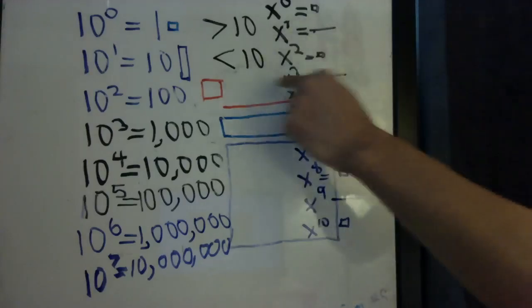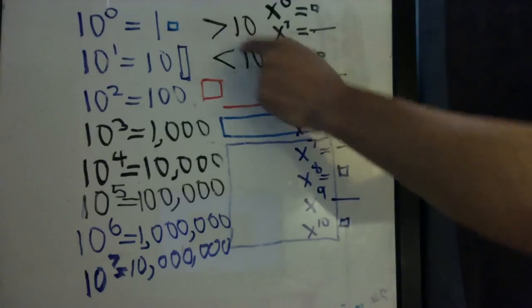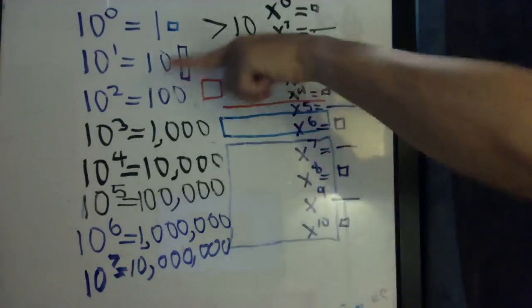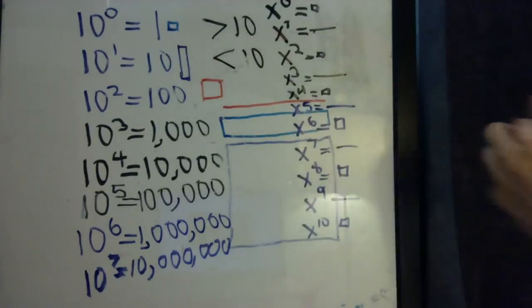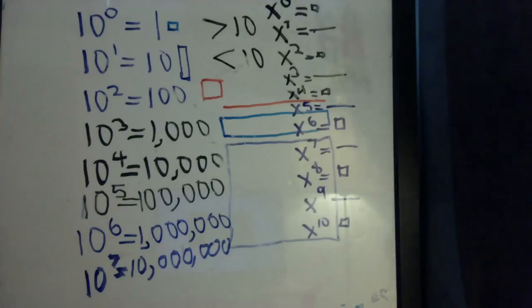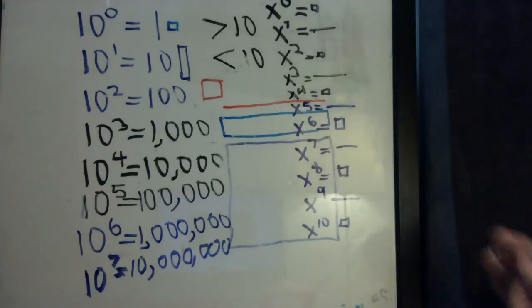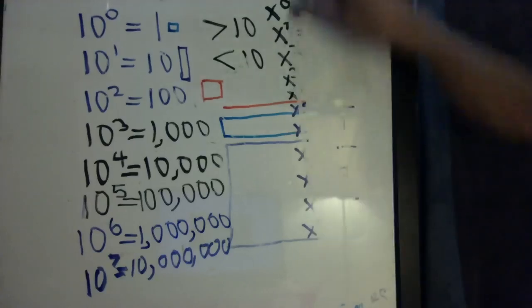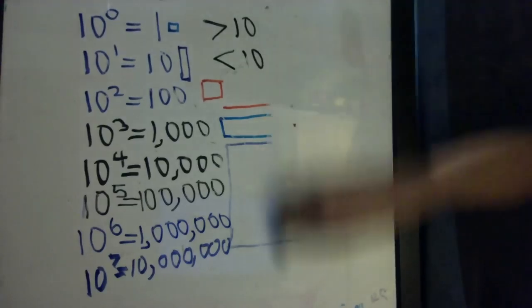Right now we're playing in the land above 10, more than 10. Eventually we're going to get to below 10. Maybe I need to make that a whole other video, depending on how much time this takes. But let's erase this. And we're going to go about it a slightly different way.